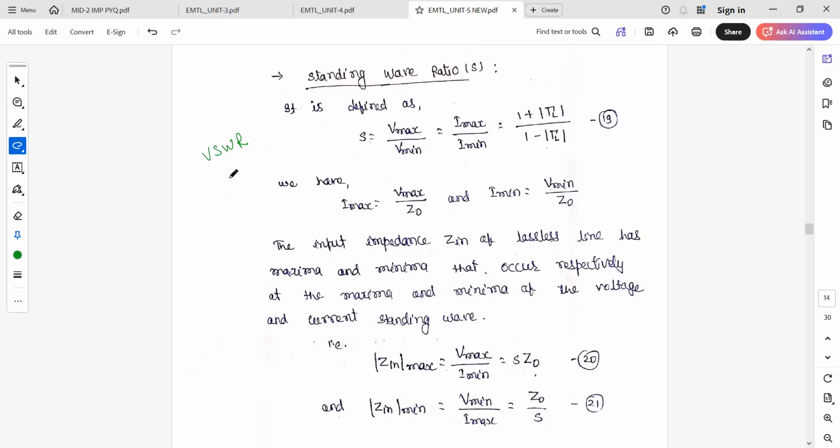If you have it in terms of current, then we'll write I max by I min. And for better understanding, you can write in terms of the reflection coefficient, that is 1 plus modulus of the reflection coefficient divided by 1 minus modulus of the reflection coefficient. First write in words that VSWR is the ratio of maximum voltage and minimum voltage. After that, if you are able to remember, you can write in terms of the reflection coefficient.